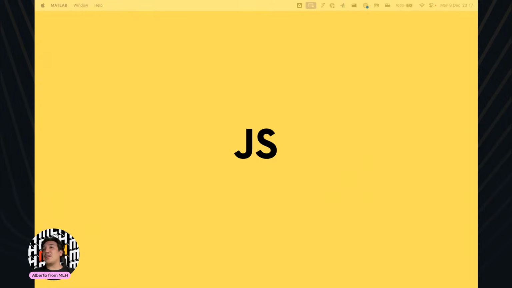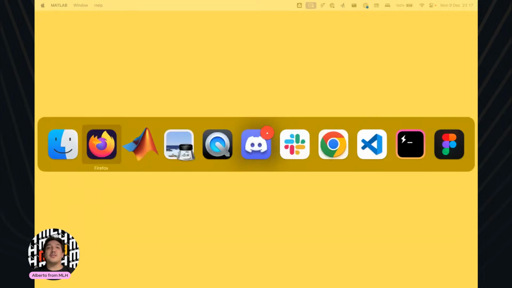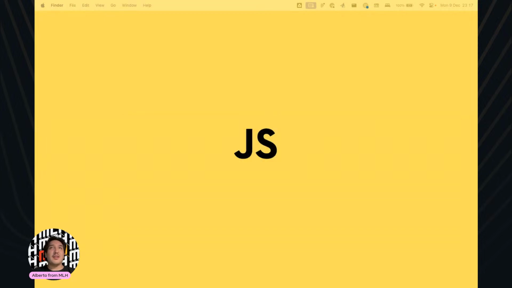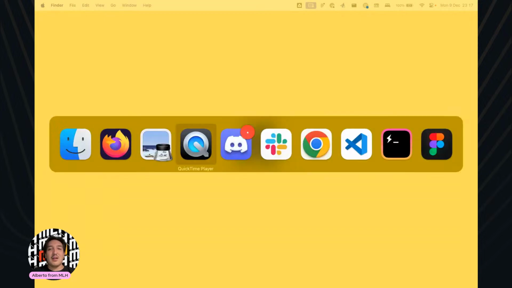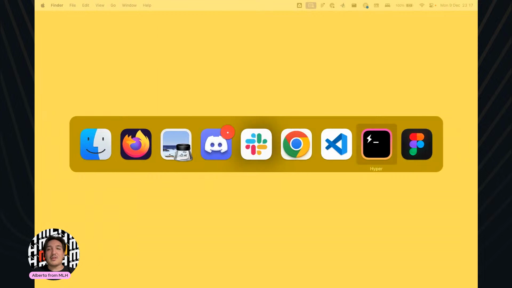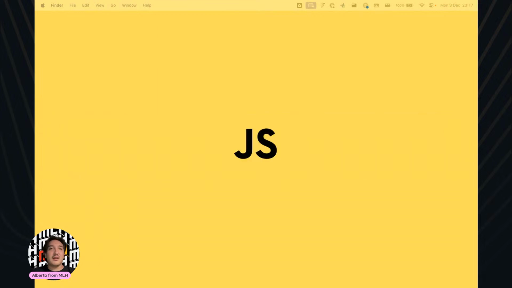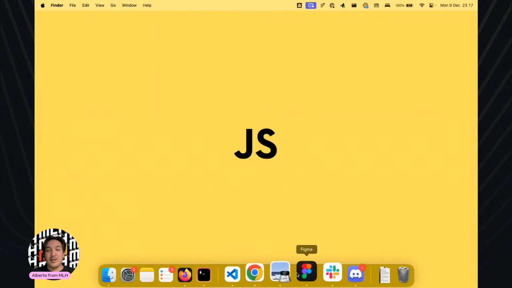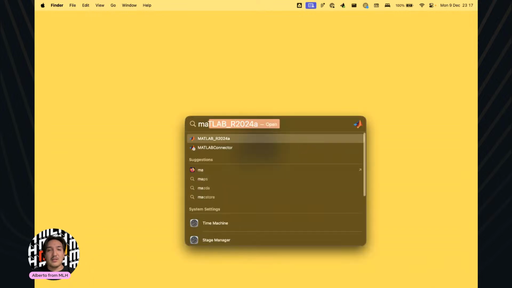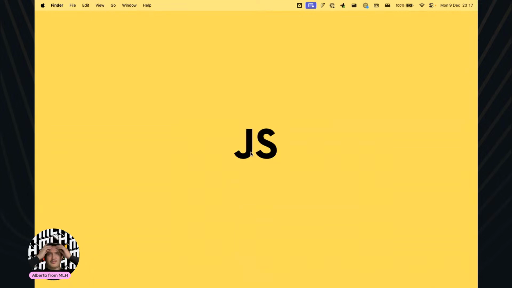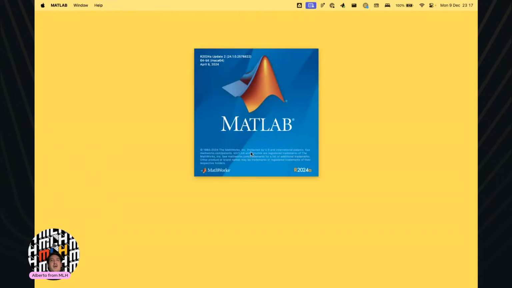Okay, it should be closed now. And I'm going to close other things that I'm not currently using, that may be a reason. Come on, MATLAB. Okay, now it's opening.